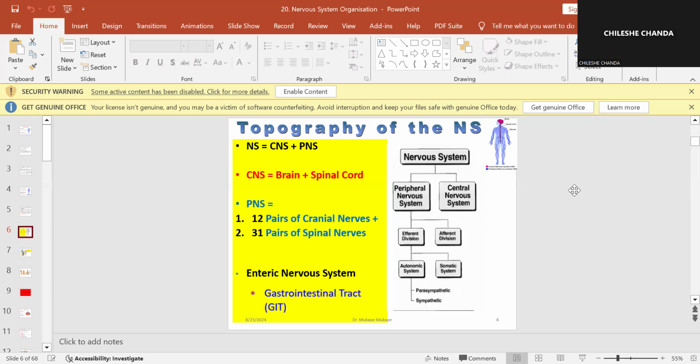The sympathetic nervous system is said to be the fight and flight nervous system, whilst the parasympathetic is known to be the rest and digest nervous system. The sympathetic nervous system is the one that diverts your energies towards fighting off something that is of immediate danger.